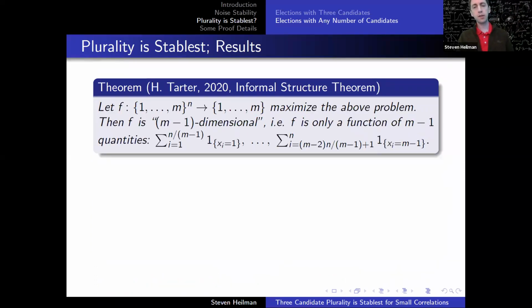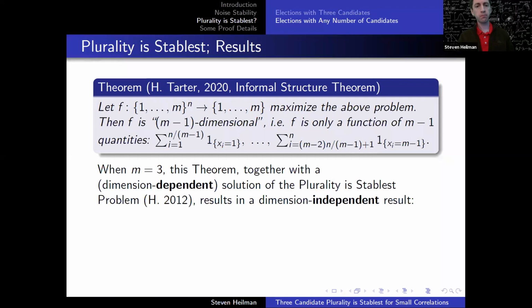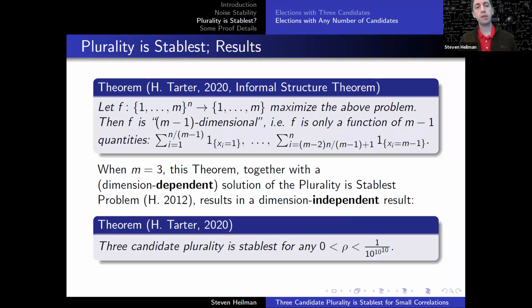Okay, so I just copied that theorem. Here I just want to say more or less that this new theorem combined with an old result from when I was a graduate student, which was dimension dependent. So when I was a graduate student, I gave a dimension dependent statement of solving this plurality is stablest problem.